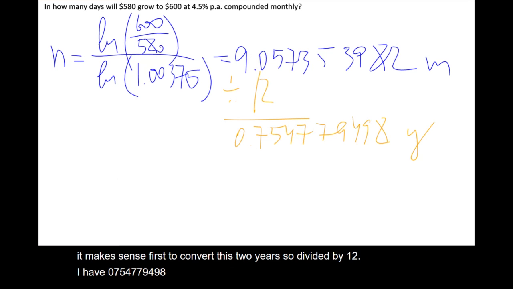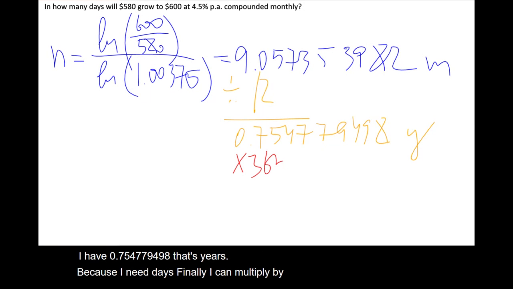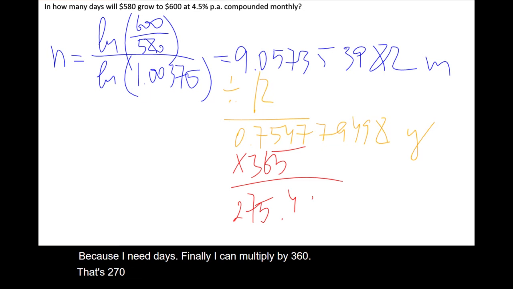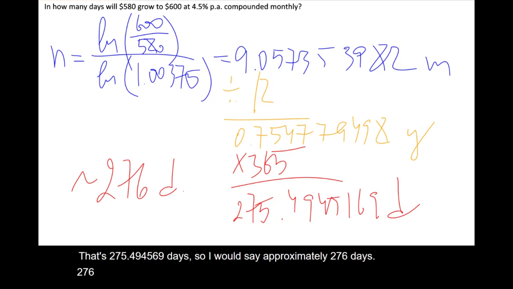That's years. And now because I need days, finally I can multiply by 365. That's 275.4945169 days. So I would say approximately 276 days. Any questions?